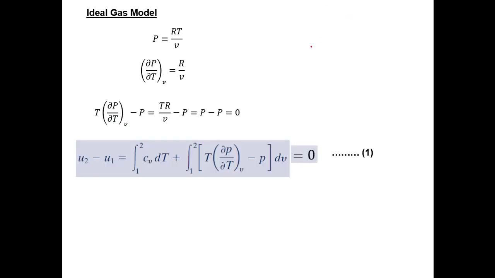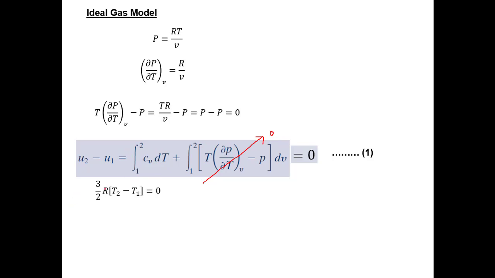Similarly, that term partial P by partial T at constant volume is equal to R by V. And the whole term is T times partial P by partial T at constant volume minus P. So if we simplify, that's equal to 0. So that means the second term is equal to 0. So the change in internal energy of the ideal gas is a function of temperature only.